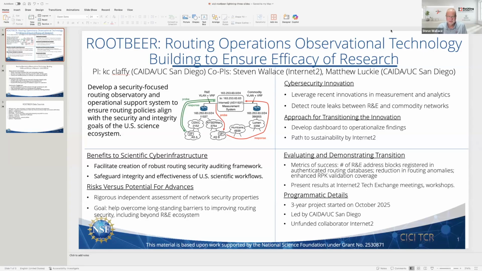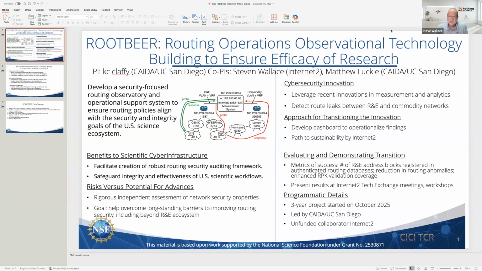Here's our quad slide. Basically, the goal of this project is to improve the routing security of the global research and education network infrastructure. That infrastructure is pretty pervasive. There are about 2,700 autonomous systems in about 110 countries that make up what we call the global R&E network infrastructure.